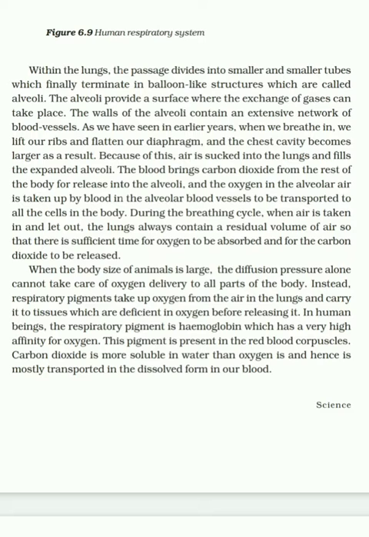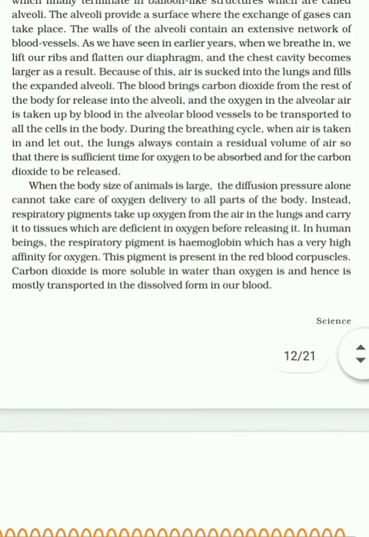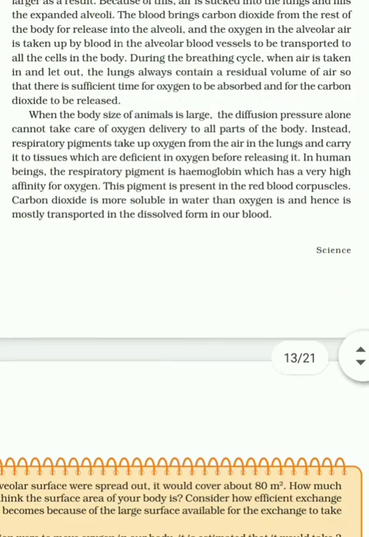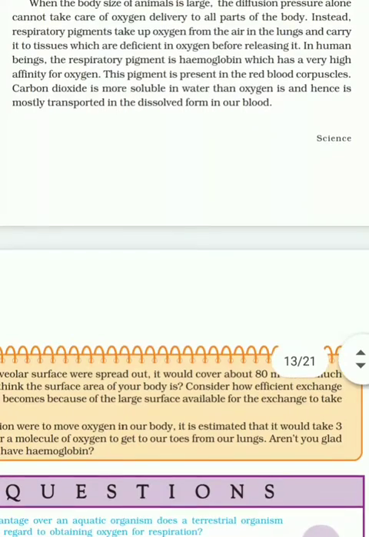This pigment is usually present in our red blood cells, or red blood corpuscles. As we know, carbon dioxide is more soluble in water than oxygen, therefore it is mostly transported in dissolved form in our blood.